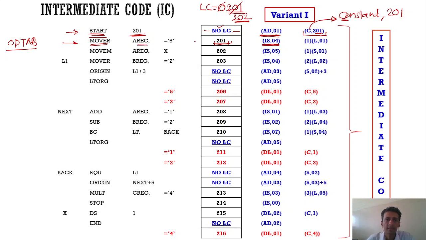A register we are writing as 1 because in a hypothetical language we are having 4 registers: A register, B register, C register and D register.